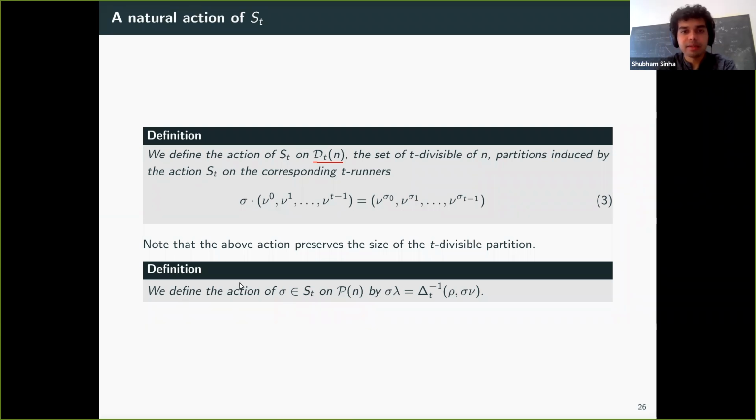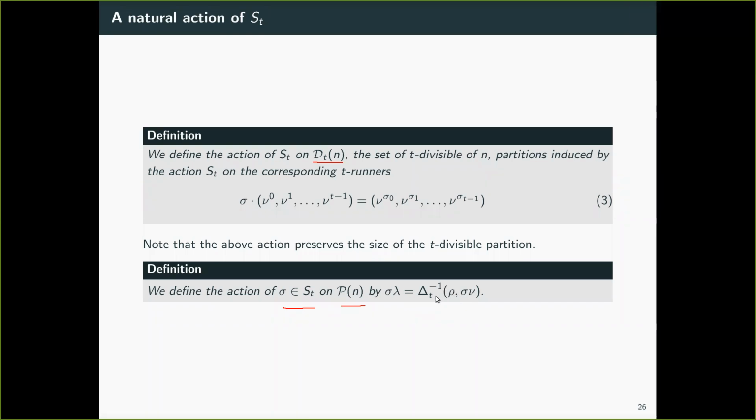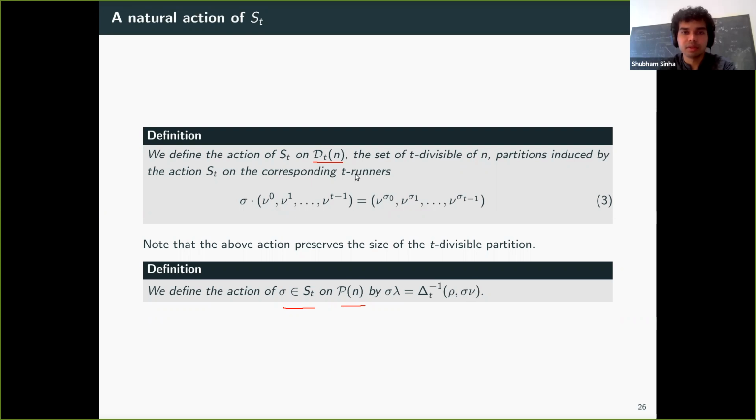And we can extend this definition to give an action on the set of partitions P_n of size n, using the partition division. You basically keep the core fixed, and you use the action on the quotient.